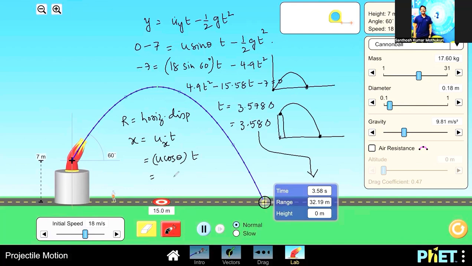And the initial velocity is 18 cos 60 times 3.58. If you use the calculator, 18 times cos 60 times 3.58, we get the range as 32.19 meters. So this is the horizontal range proved from this equation.